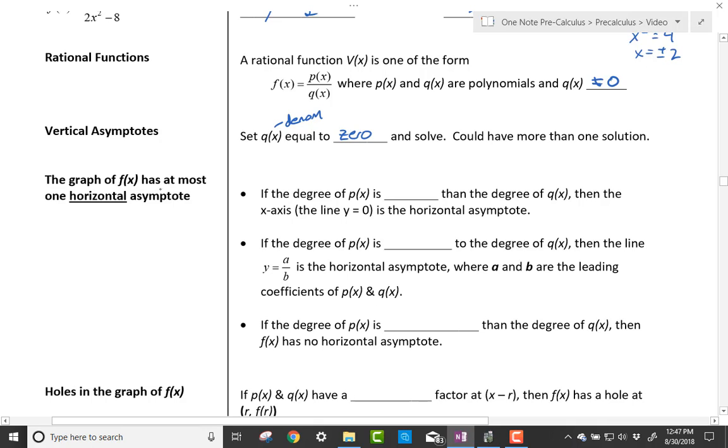Any graph of f of x has at most one horizontal asymptote. So in a rational function, you would have one asymptote.